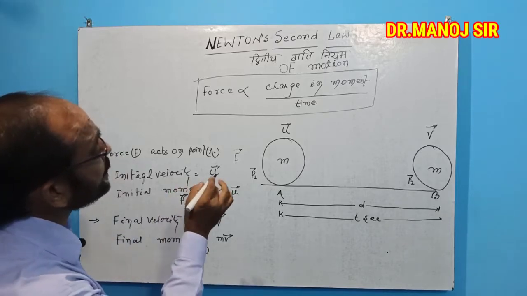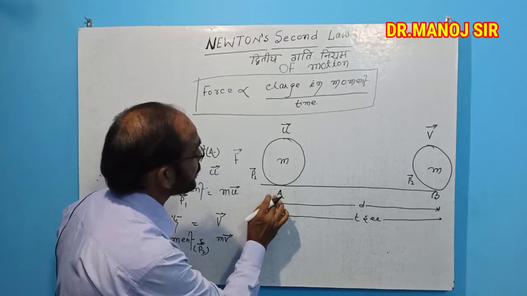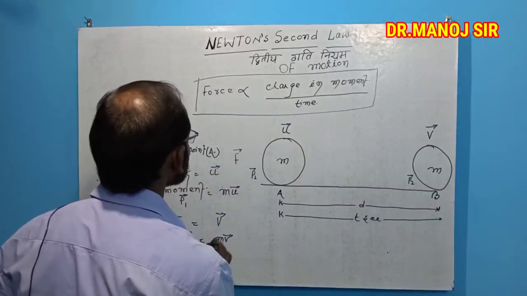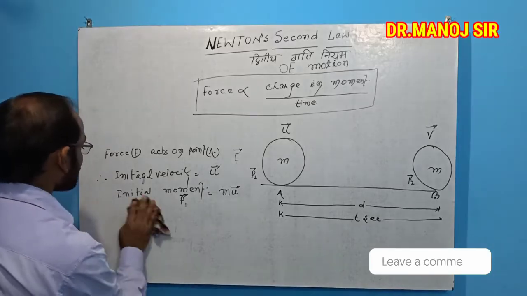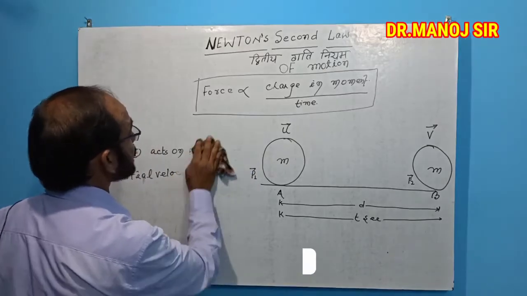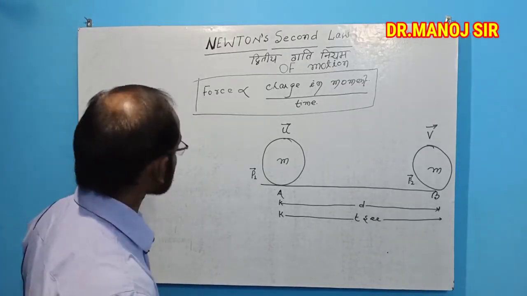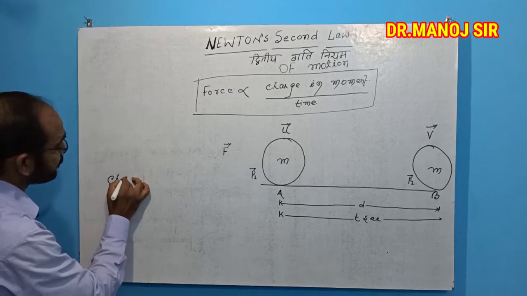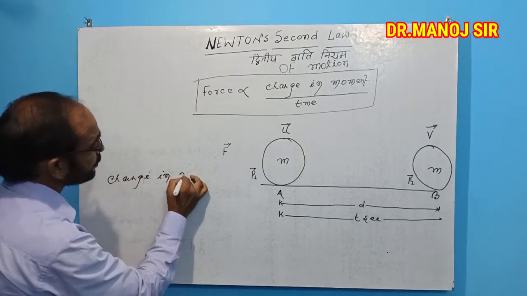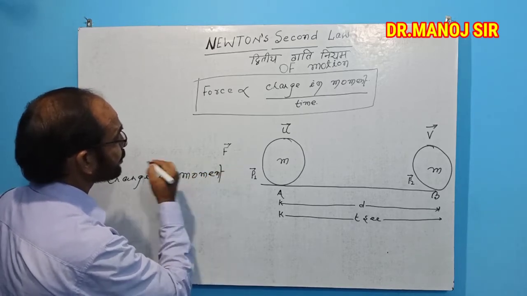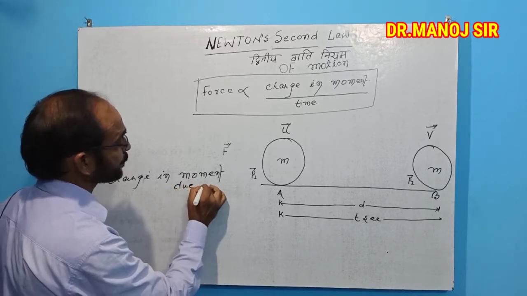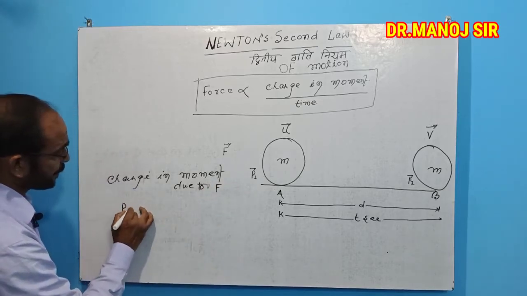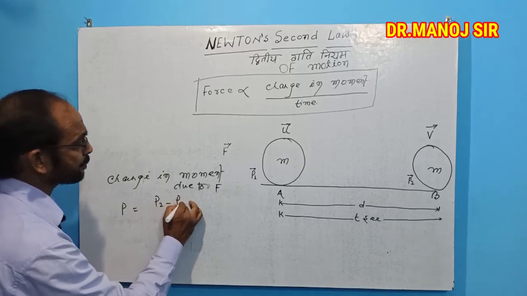Therefore, change in momentum from A to B of the object. Now I am coming to know about Newton's second law. The change in momentum due to force is P equal to P2 minus P1.